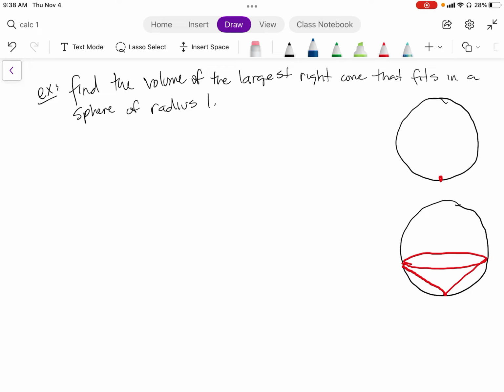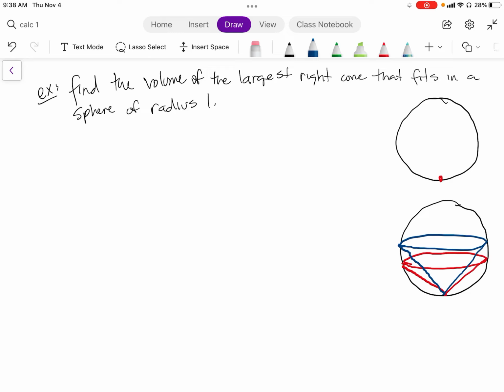Let me just do another picture to show. My guess would be probably closer to, if you picture an equator, because then it's wider. My guess would be that that one is more volume than the previous one, but I don't know. So that's the idea, right?